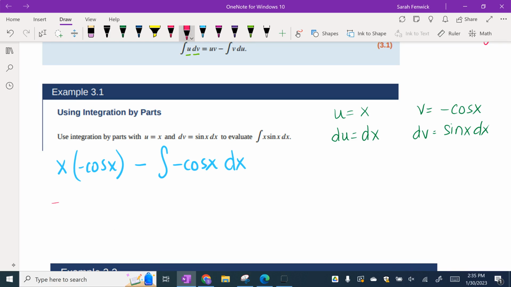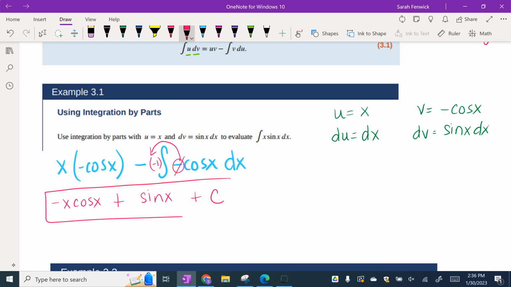Now here we have negative x cosine x. Cosine, when I take the integral, is positive. So I'm going to take this negative out, so that's going to make it plus. The integral of cosine is sine x plus c. And that's our answer.